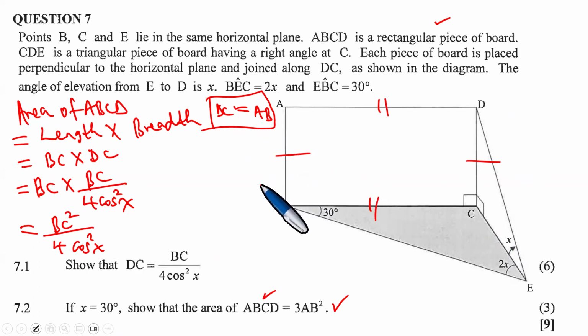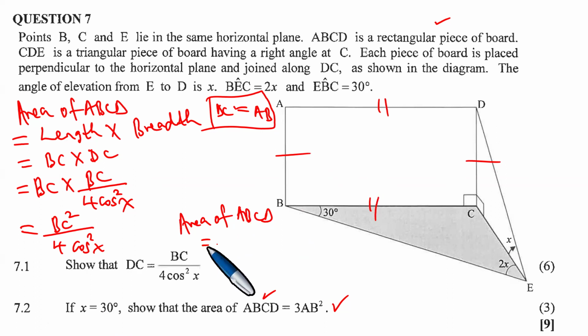DC equals AB. So now the area of ABCD, which is a rectangle, is length by breadth, as we've already seen. So we can say, for instance, this is AB times BC, in that particular manner.